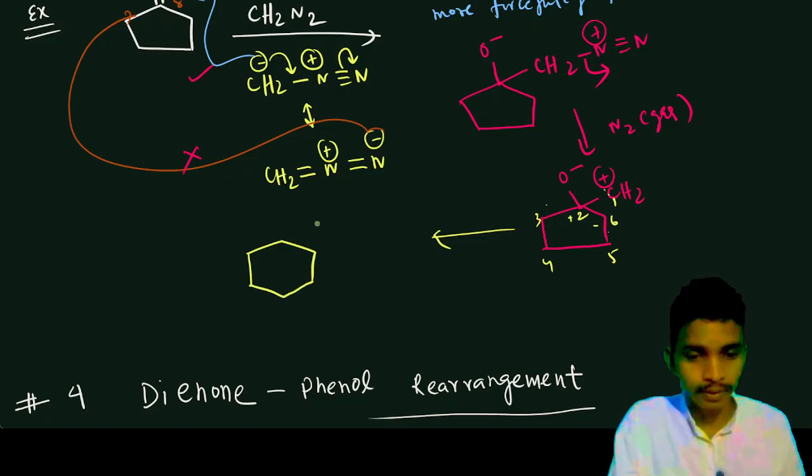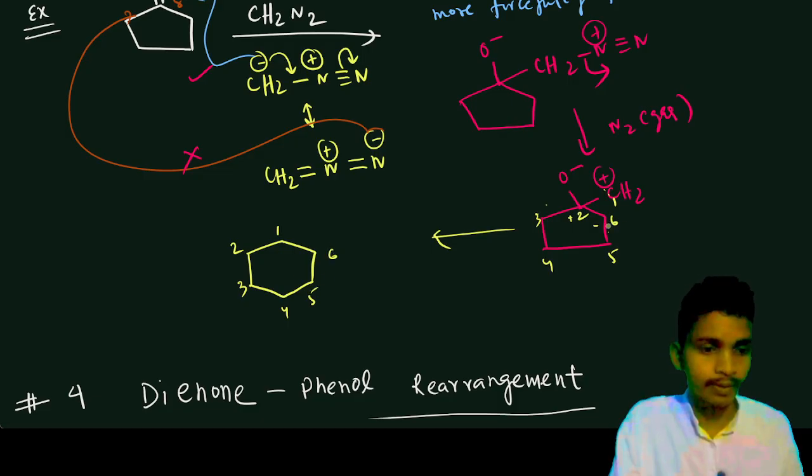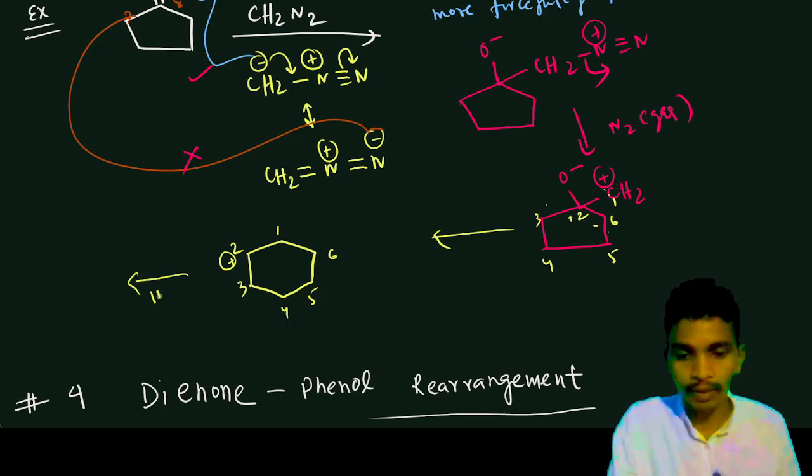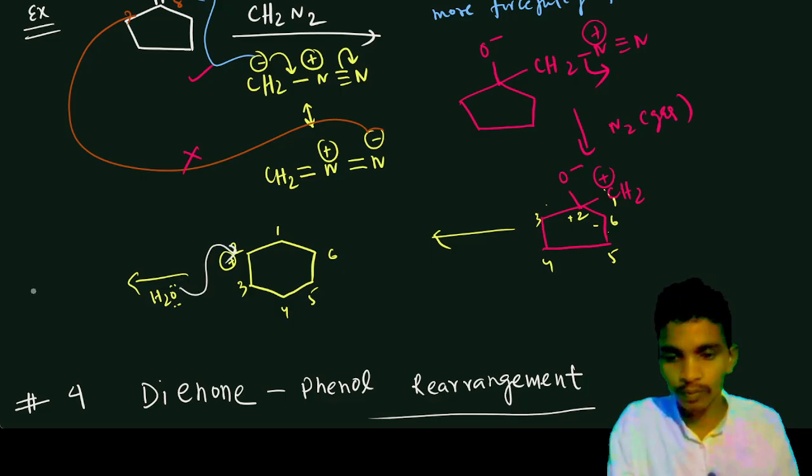Okay, and name it 1 2 3 4 5 and 6. So 1 and 6 make a bond, then 2 will get the positive charge. Okay, now water is there, so that water will attack this. So then we will get this.